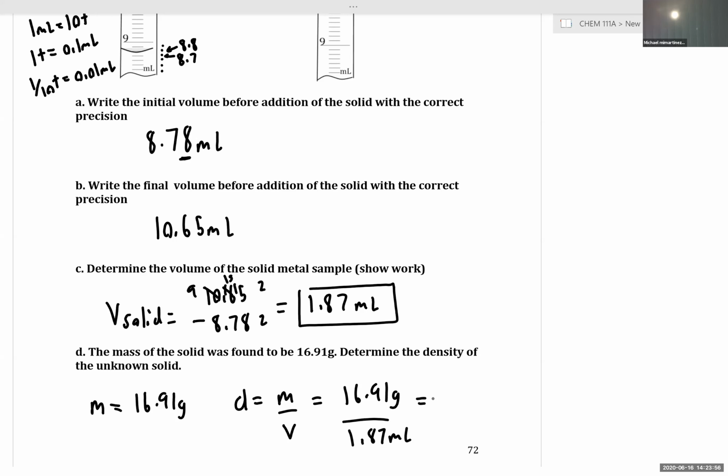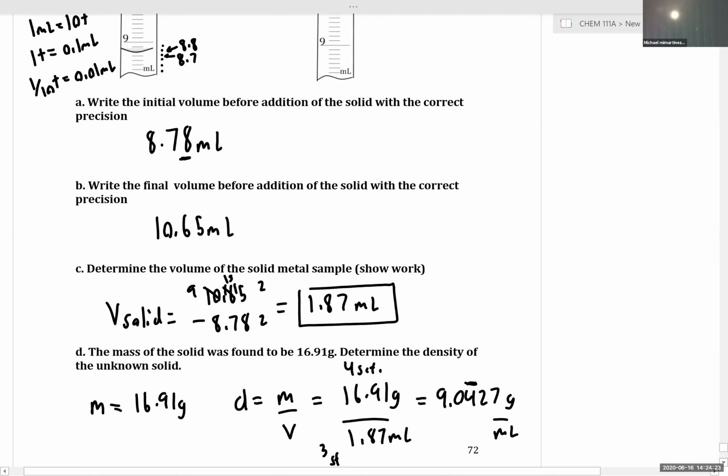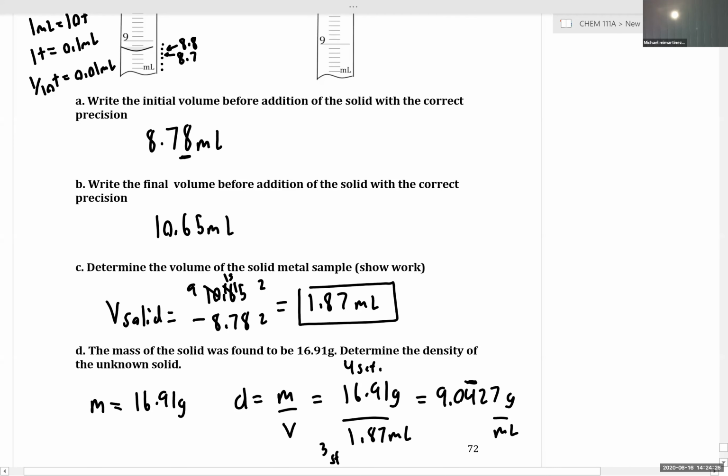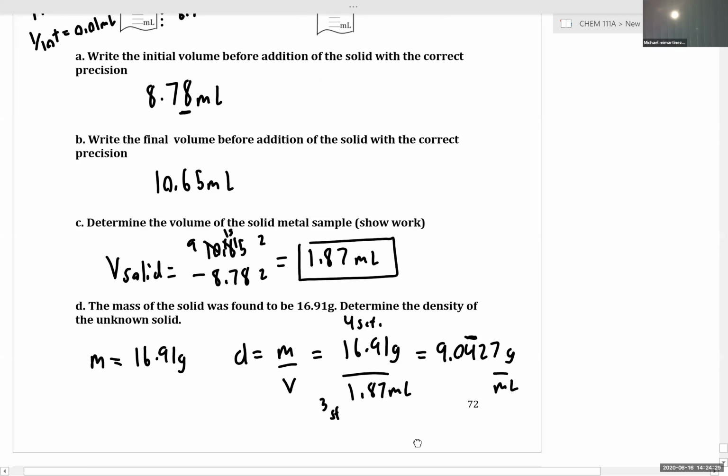Let's punch that into our calculator. 16.91 divided by 1.87 gives us 9.0427 gram per mil that we round. In this case, we have 3 sig figs on the bottom, 4 sig figs on the top. So we round this number to 3 sig figs, and that in turn gives us 9.04 gram per mil.